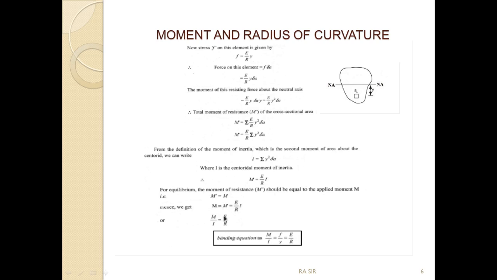Now we all know that E by R is equal to f by y from the equation of bending stress. So this will give rise to the bending equation, M by I equals f by y equals E by R. This is the bending equation, which is universally important and very much used to design beam structures.